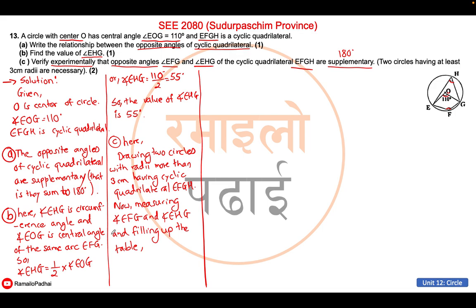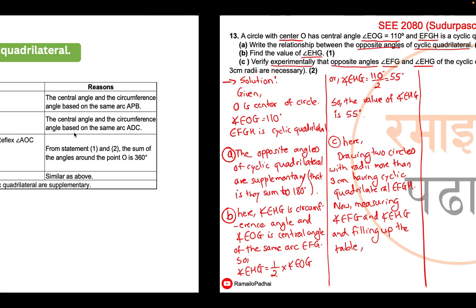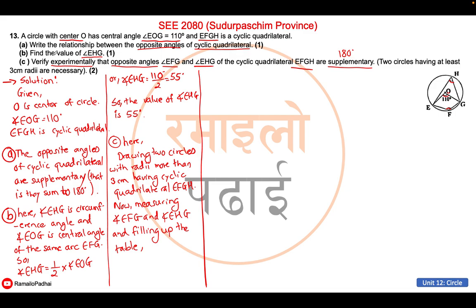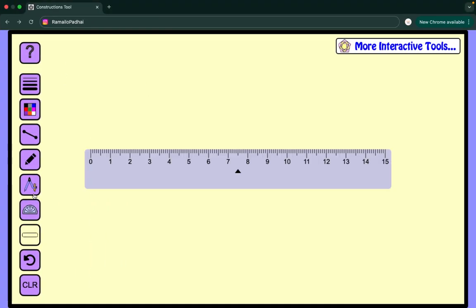We need to only measure two angles, not all four angles of the cyclic quadrilateral, to experimentally verify that opposite angles are supplementary. So we will measure only two angles. That is similar to the question of Karnali province. Now let's draw two cyclic quadrilaterals. The radius of each circle must be greater than 3 centimeters.